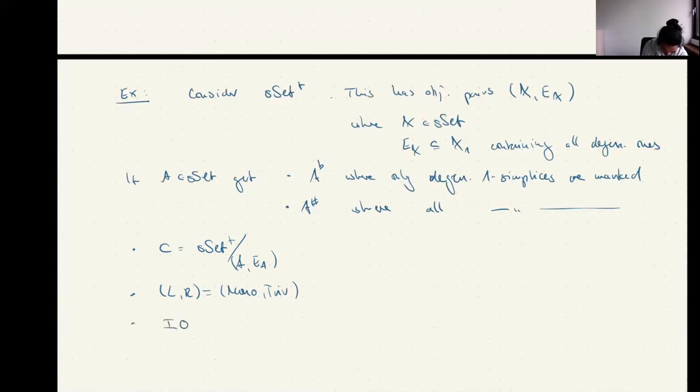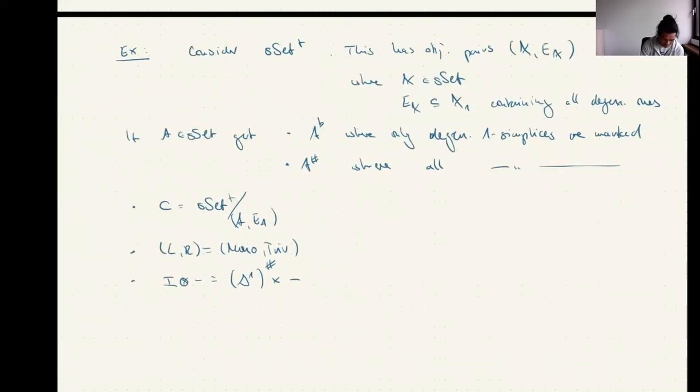And now as an interval, we take the Cartesian product with delta 1, and there's only one non-degenerate 1-simplex, and you mark it. And now for the set generating our anodyne extensions, we want to take inner horn inclusions. So we are forcing the underlying map of simplicial sets for the fibrant objects to be inner fibrations.